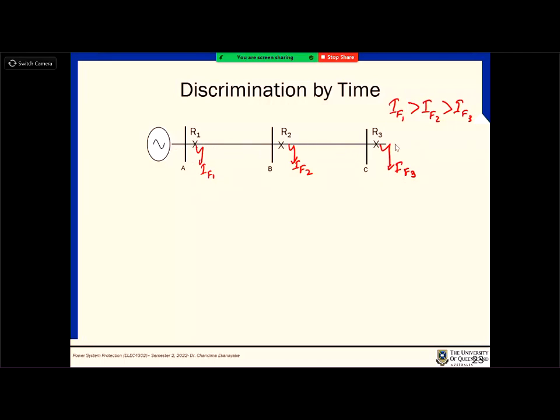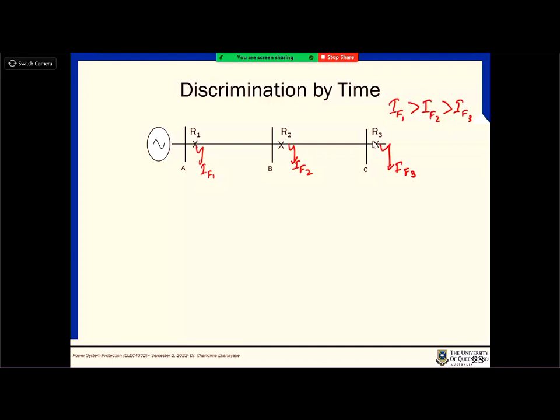When you are away from the source, IF3 is small, but this relay is operating so fast. So when the fault current is smaller, you are operating faster. When the fault current is large, you are operating slower.